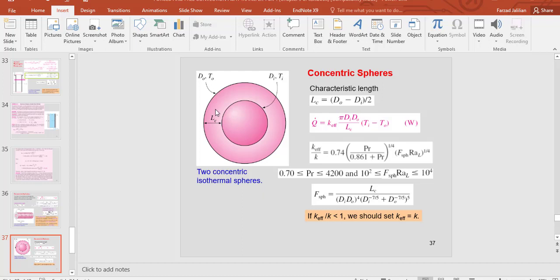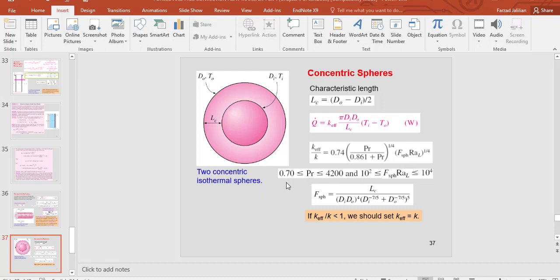Actually, it is the distance between the surfaces with different temperature, this LC. So you can find the Rayleigh number by this LC and beta and other information which can be found from the information about the question.